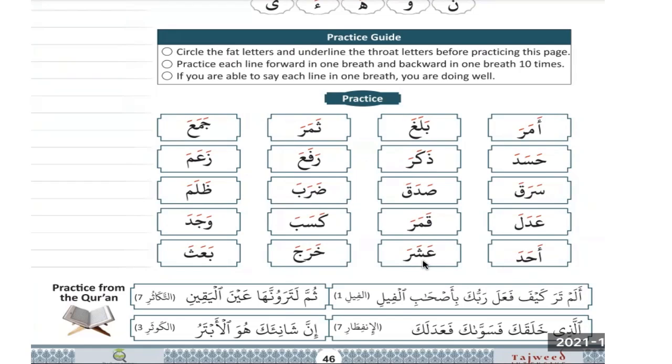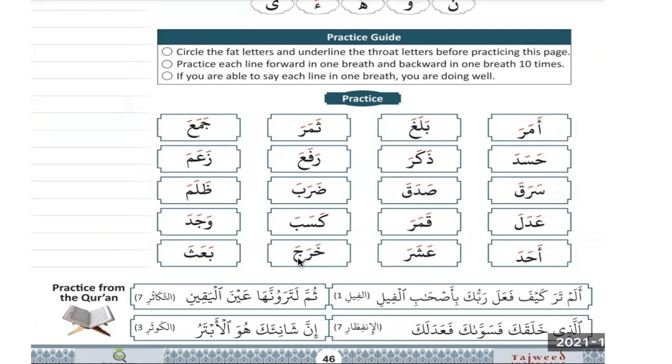The next, again, ain fatha a, sheen fatha sha, ra fatha ra. Ashara. Ain fatha a, ashara. Kharaja. Now you can see kha, it comes from the fat family, from the heavy family. Kha. And again I say ra fatha ra. Make a ra sound, a little bit heavy. Khara.